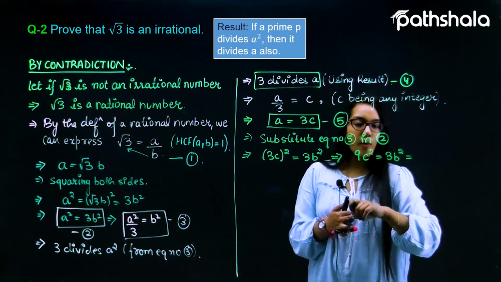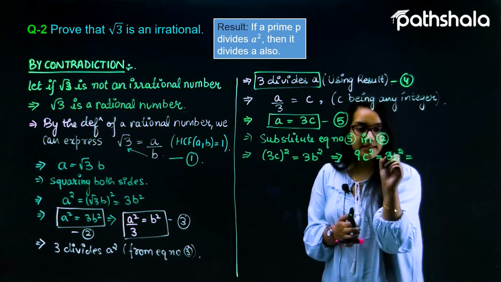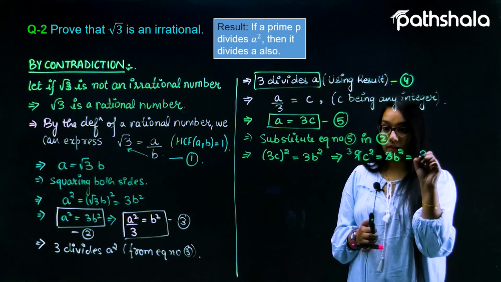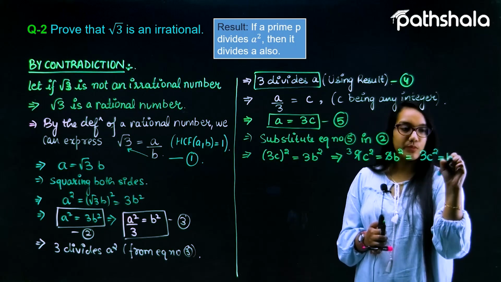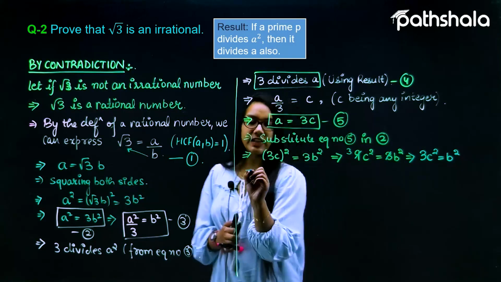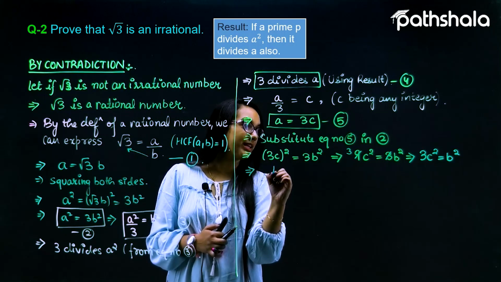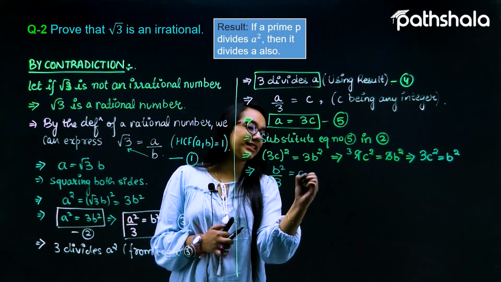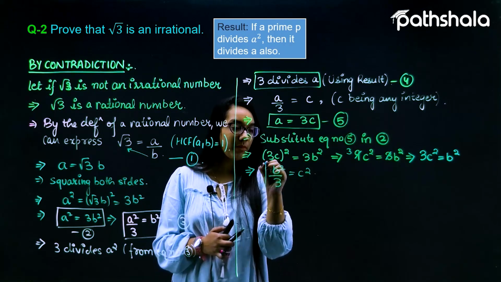Now cancel out the common values: we get 3c square equal to b square. We can express it as b square by 3 equal to c square.